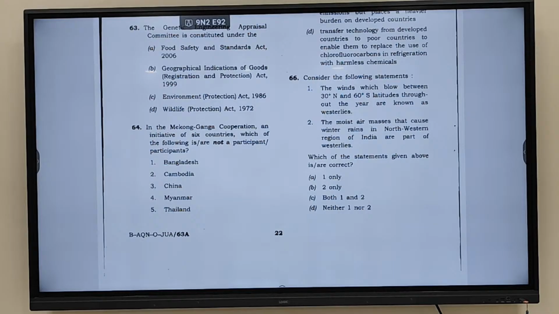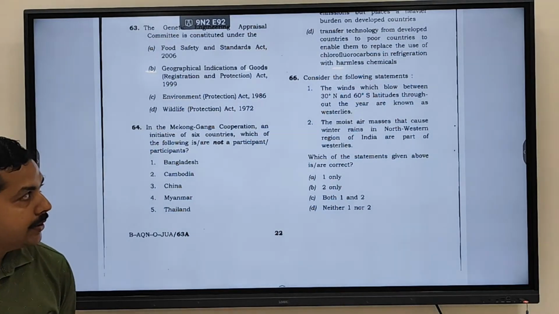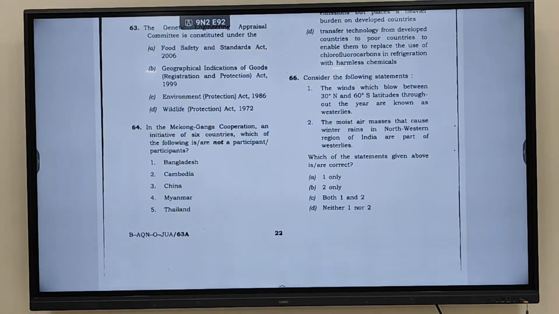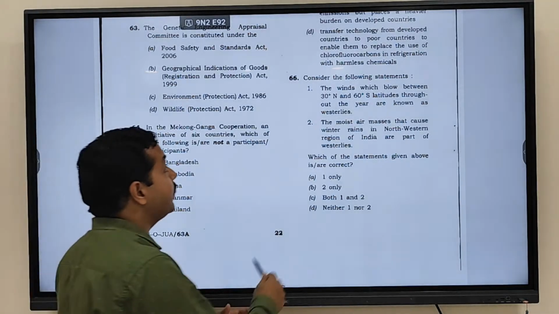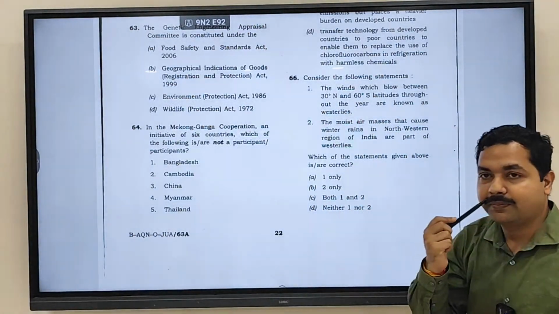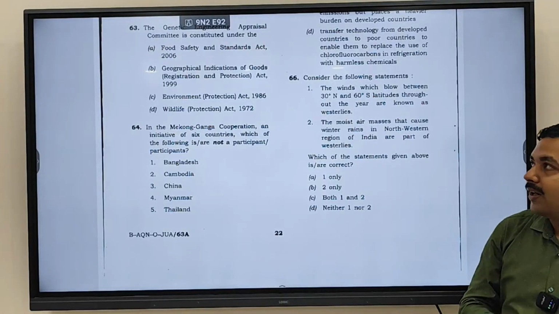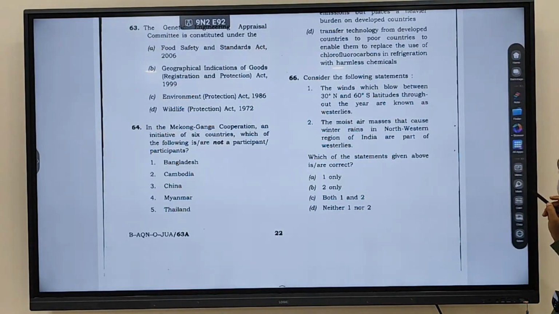Now the question says, the first statement says, the wind which blows between 30° north and 60° south latitude throughout the year are known as westerlies. Correct? Read the statement, correct or wrong? Pressure belts are permanent, so wind blows throughout the year, but it blows between which latitudes? Where do you see blowing of westerlies?